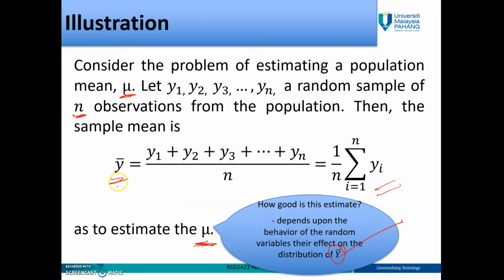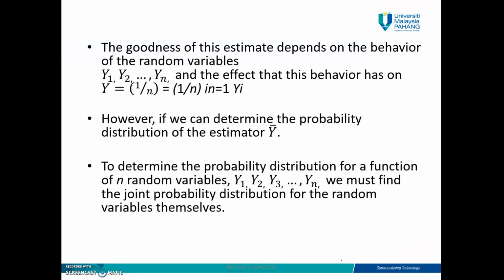But in order to make sure Y bar is good for estimating mu, we need to find the sampling distribution for Y bar. So the goodness of this estimate depends on the behavior of the random variables Y1, Y2 until Yn, and the effect this behavior has on Y bar.